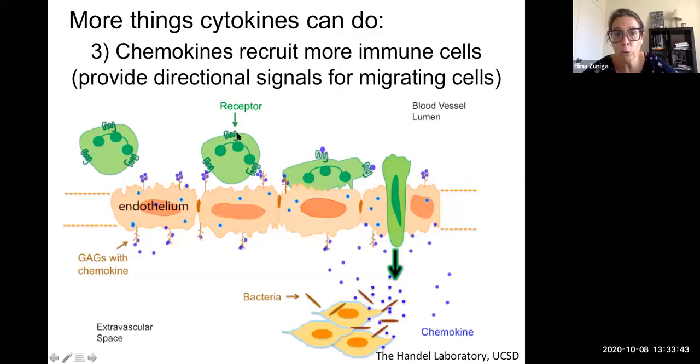So, for example, a neutrophil or a macrophage will extravasate and will go to the site of infection where chemokines are being produced. And we will see in one lecture all the molecules that participate in this leukocyte extravasation.